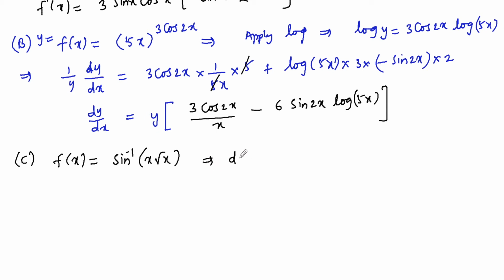So differentiating with respect to x, we'll have f dash of x is equal to d by dx of sine inverse x, which is 1 upon root over 1 minus x square, 1 upon root over 1 minus x root x whole square, that is x to the power of 3 by 2 whole square, which is x power 3, into d by dx of x power 3 by 2, that is 3 by 2 x to the power of 3 by 2 minus 1, that is 1 by 2.